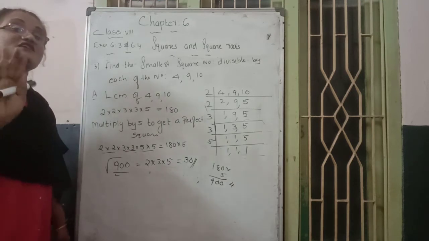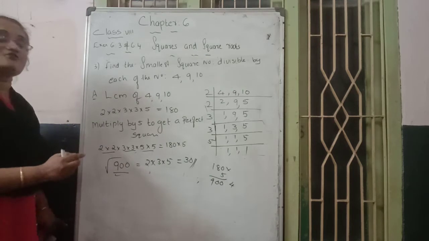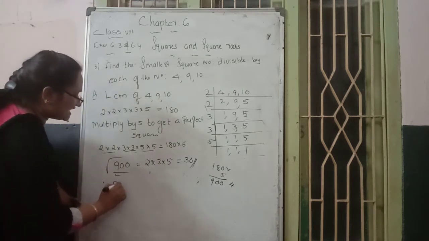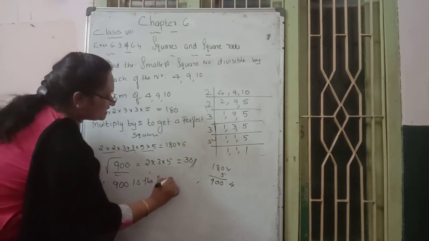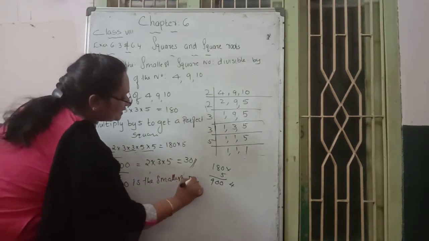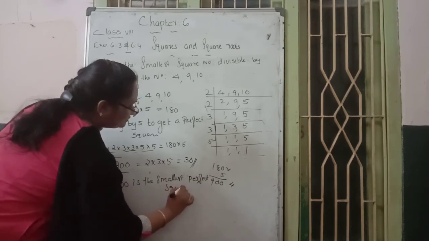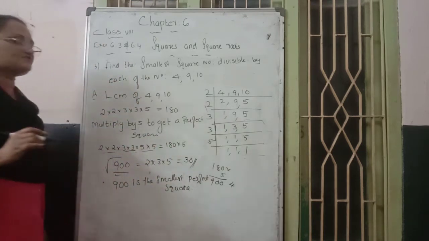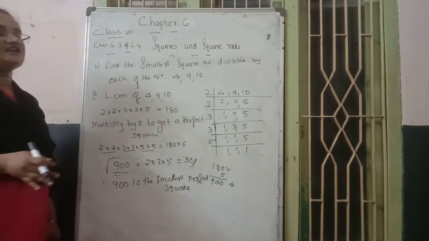But they are not asking for the square root, they are asking for the perfect square. Therefore we can say that 900 is the smallest perfect square. I hope you can understand the meaning of this question.